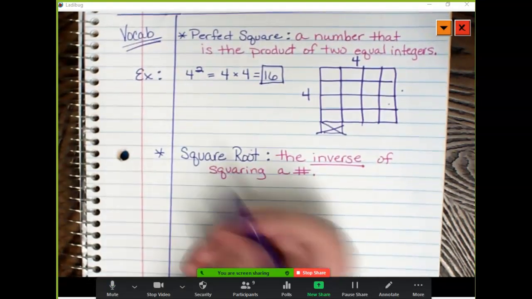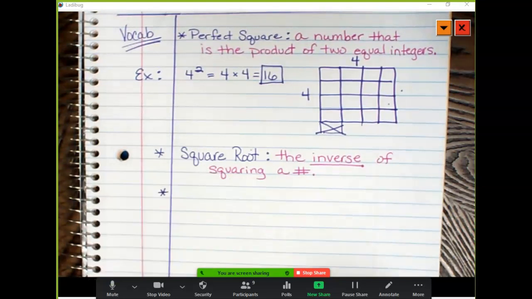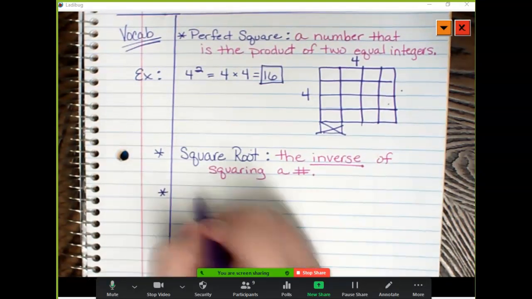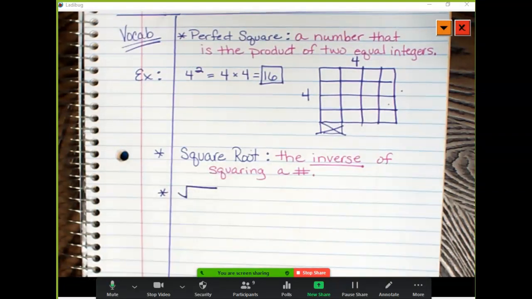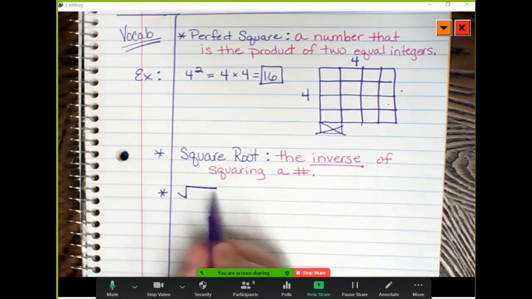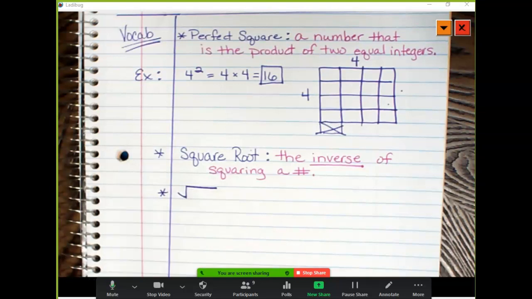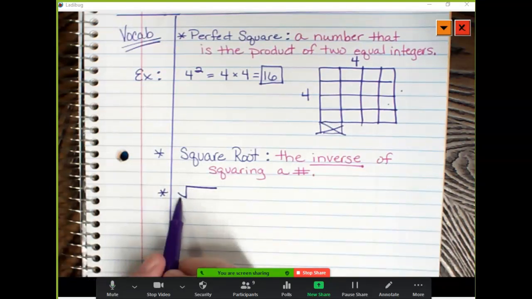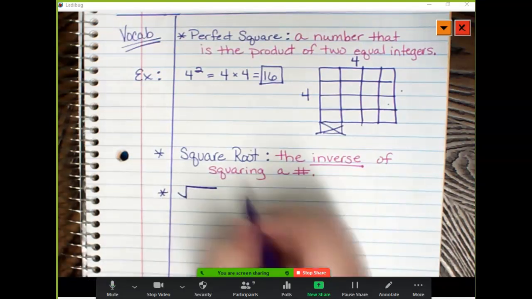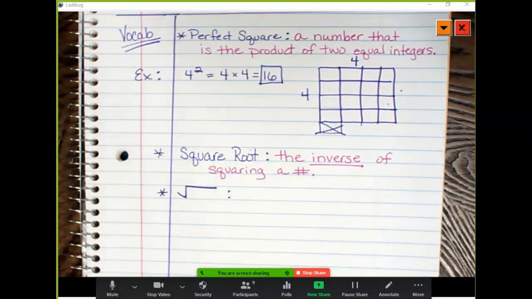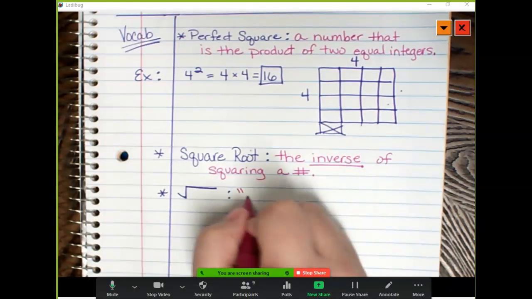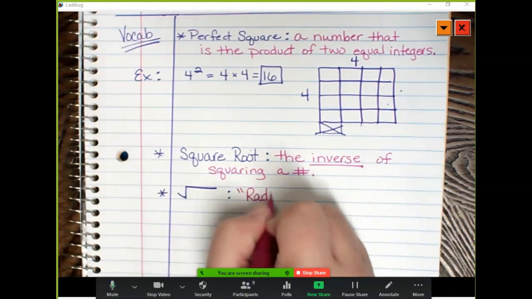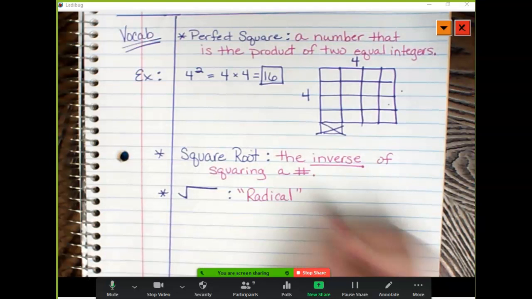All right, next vocabulary. This one's actually a symbol. It's not a word. It's what people call the square root symbol. It's like a division symbol with that little check mark on the beginning. The actual proper name for that is called a radical. It's radical, dude.